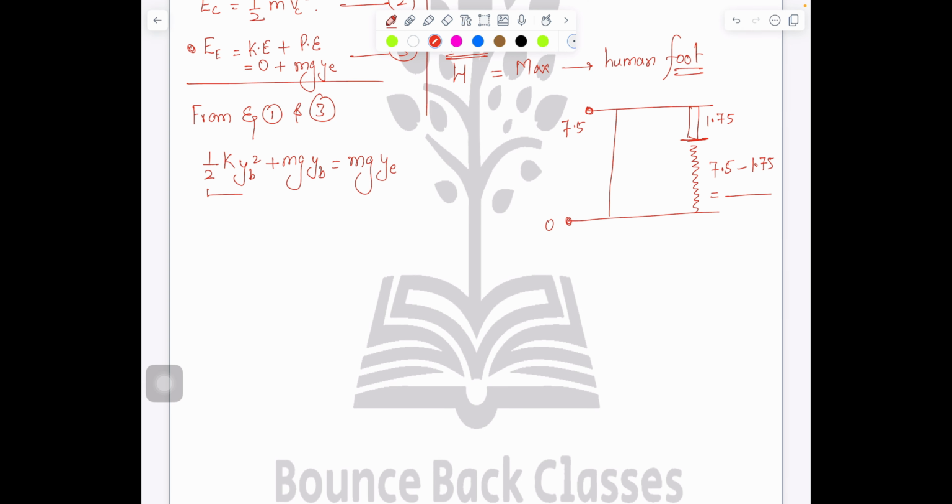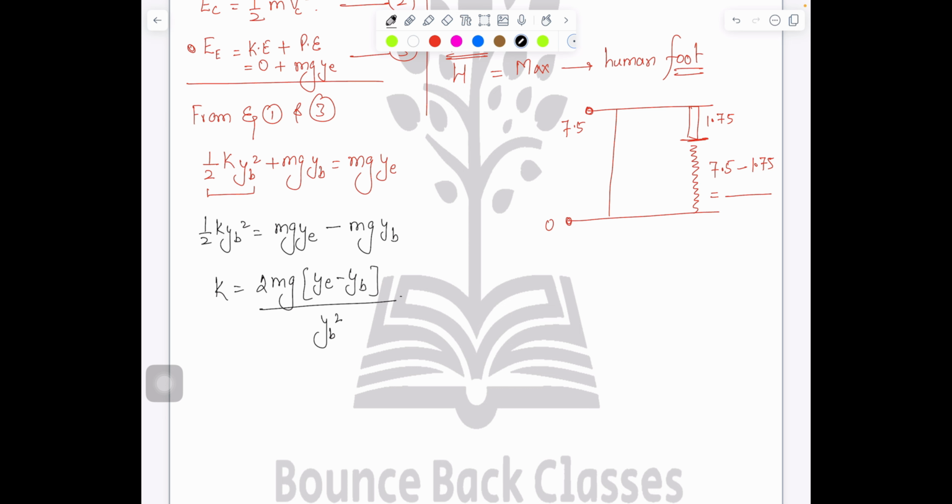Take this value to this side. So half k yb square equals mgye minus mgyb. Clear? So k is equal to mg common, ye minus yb, multiply by 2 and divide by yb square.